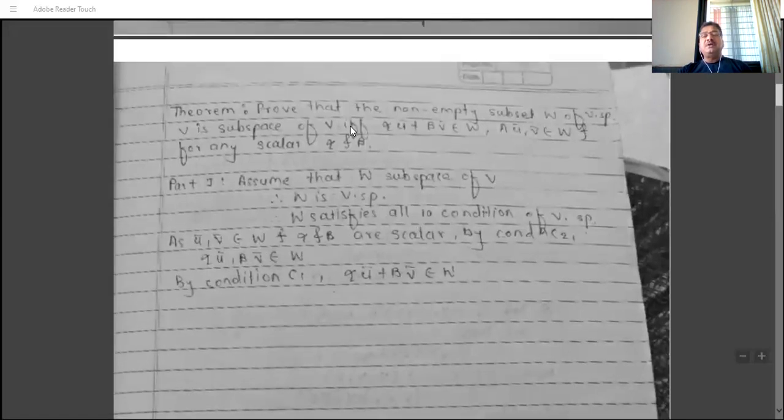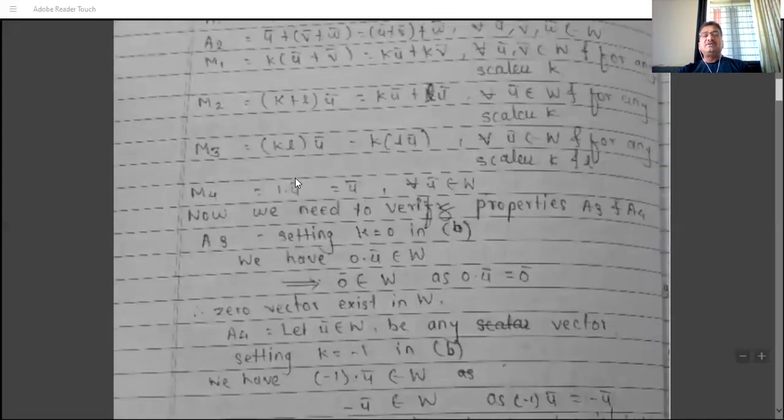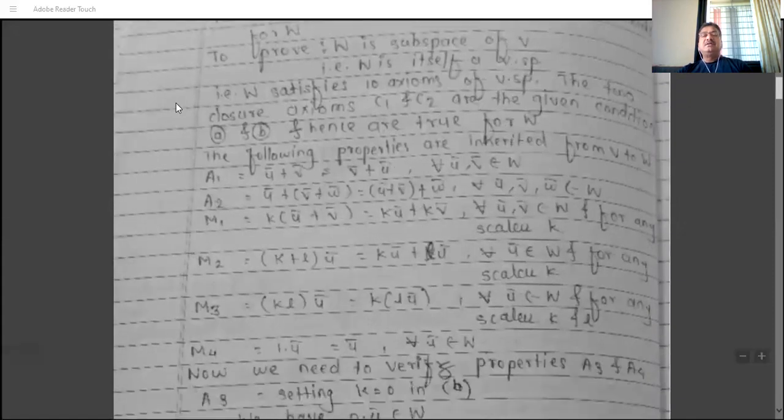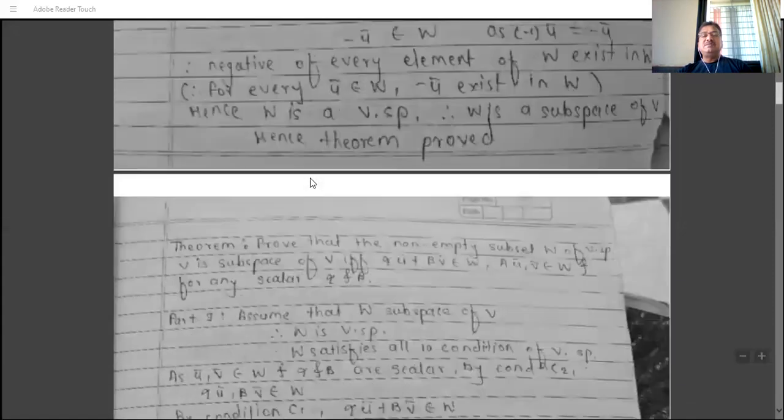Now in part 2, assume that alpha U bar plus beta V bar belongs to W for all U bar and V bar belonging to W, and for any scalars alpha and beta. Now we have to show W is a subspace of V, that is, W is itself a vector space. Then prove the conditions C1 and C2.